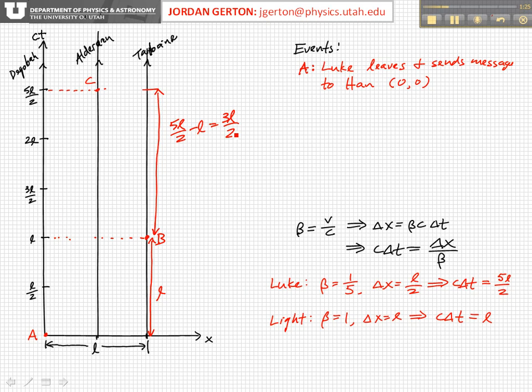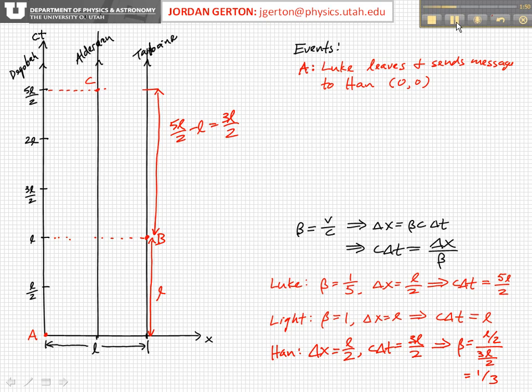And so now all we have to do is calculate his speed. We know the distance he has to go. We know the time that he has to do it, and so it's easy to calculate this. Remember that the slope of a world line is equal to the change in time divided by the change in the position, which is 1 over beta.